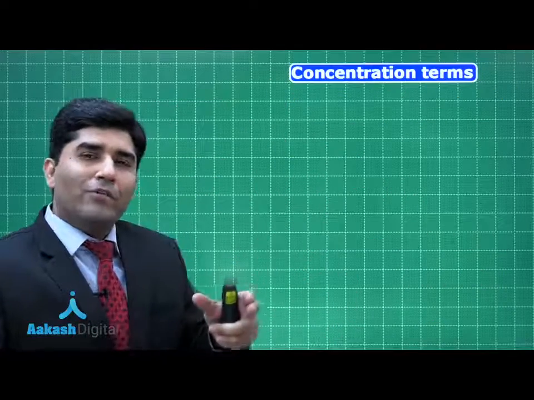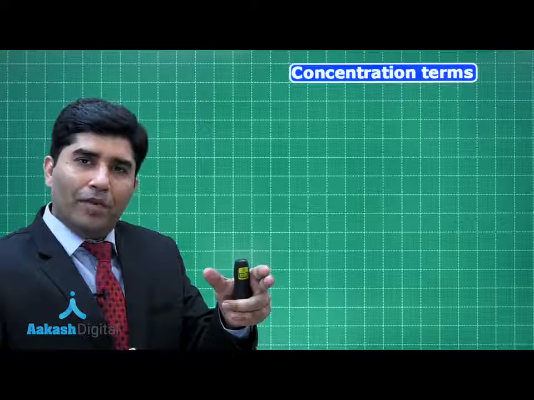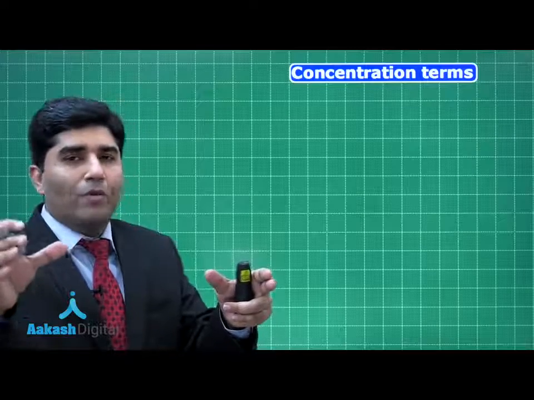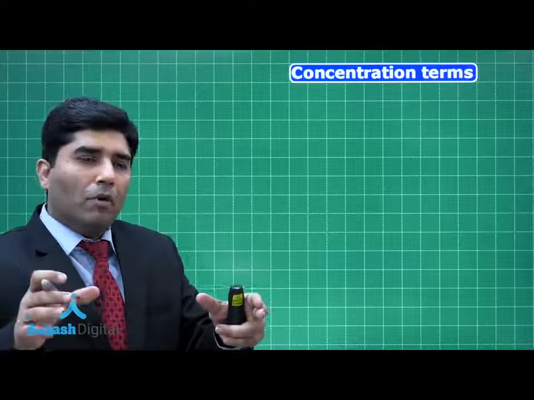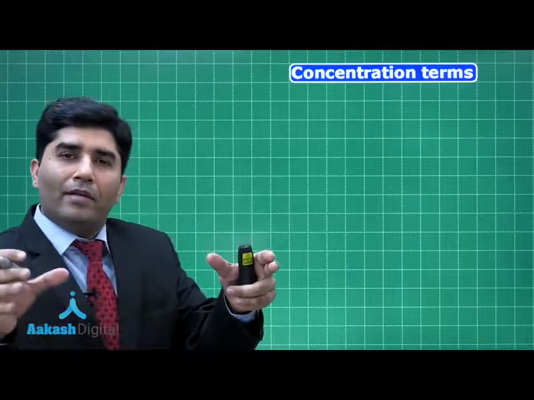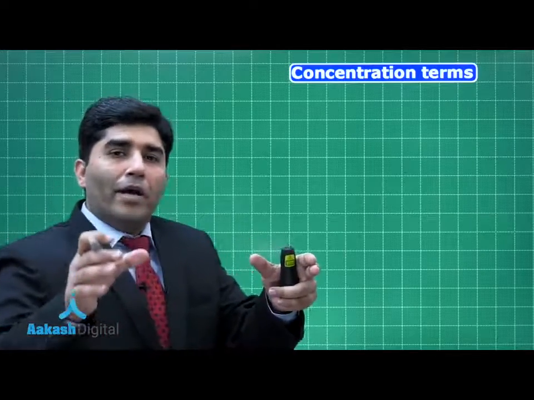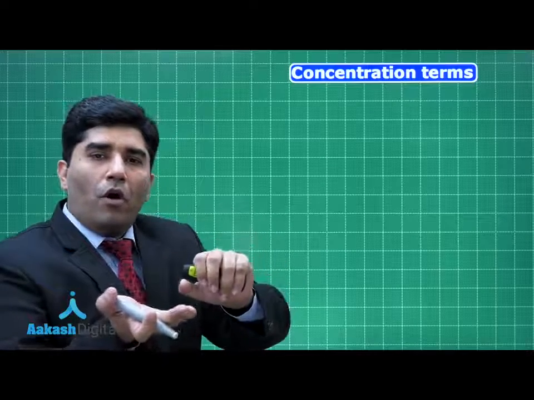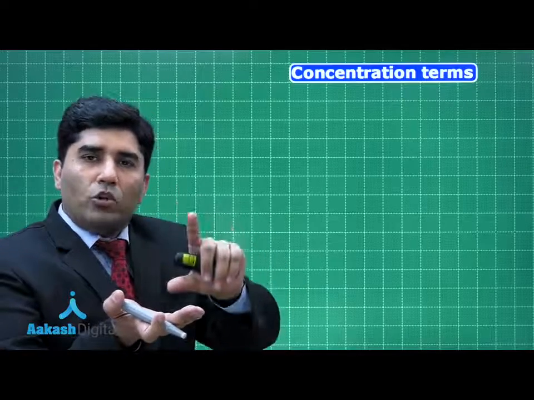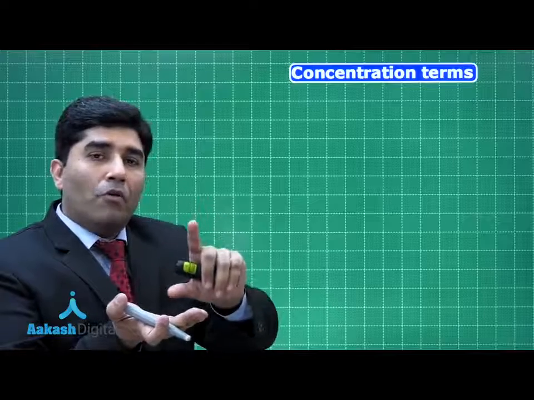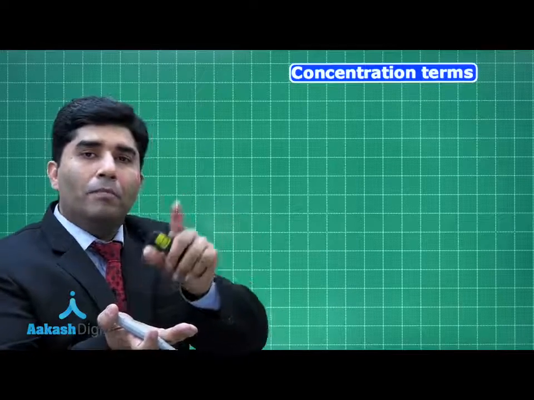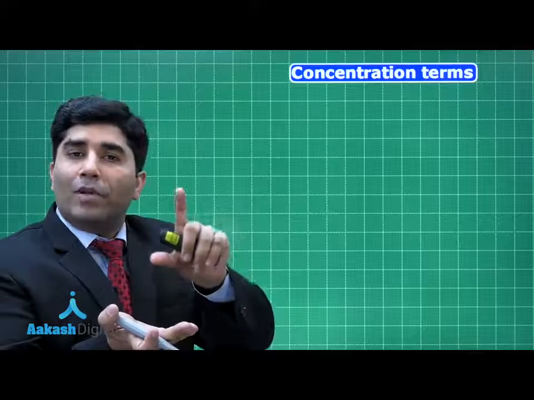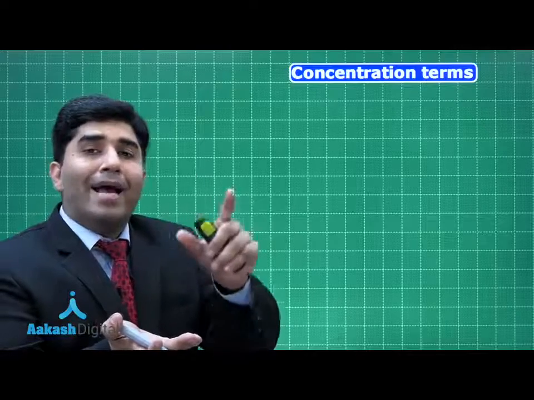Now guys, suppose we have a solution having molarity M1 and another solution having molarity M2. The volume of the first solution is V1 and the other is V2. Now, if we mix them, then the volume of the resulting solution will be the sum of the initial volumes, that is V1 plus V2, because volume is additive.